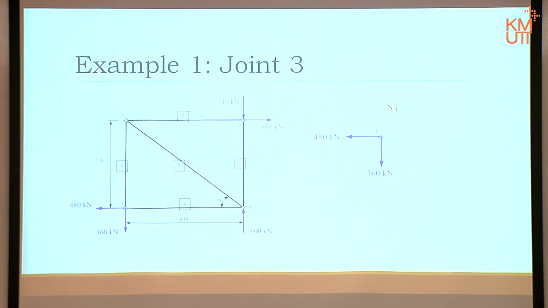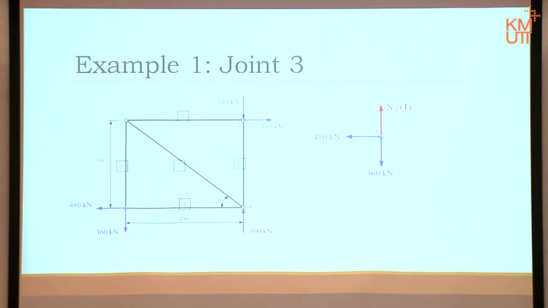Again, I want to analyze the direction before I start calculating. Is it going up or going down? Up. If it goes up, don't forget axial force is tension or compression, it's not up or down. If N1 goes up, is it compression or is it tension? Tension. Meaning, if we calculate positive, we will get tension.